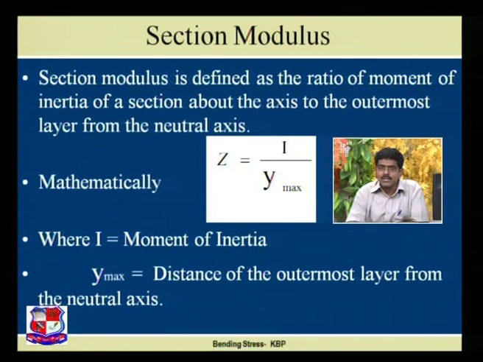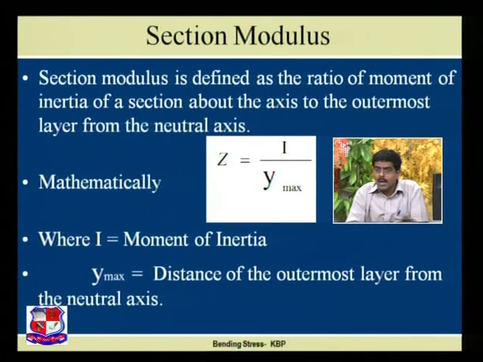It is the ratio of moment of inertia to the maximum distance from the neutral layer or neutral axis. In short, Z is equal to I by Y max, where I is the moment of inertia, Y max is the distance of outermost layer from the neutral axis.